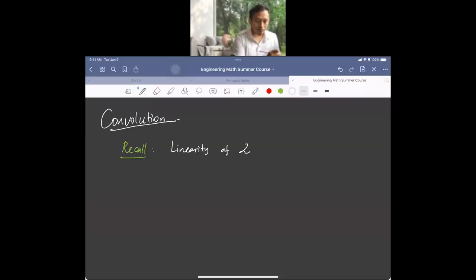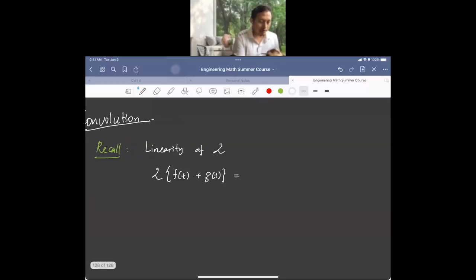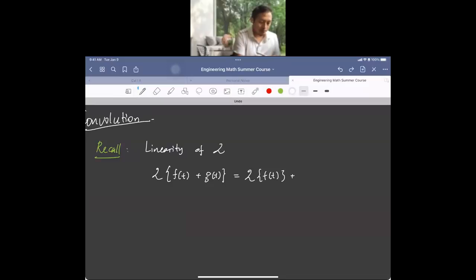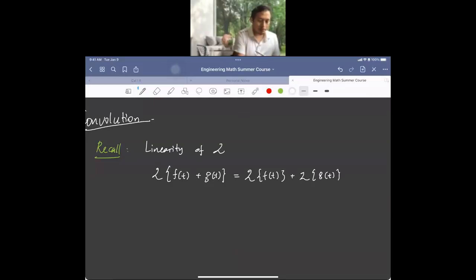Linearity of Laplace. So if we have Laplace of f of t plus g of t, we can simply Laplace each of this f and g, right? So we Laplace f of t and Laplace of g of t, right? This is linear.